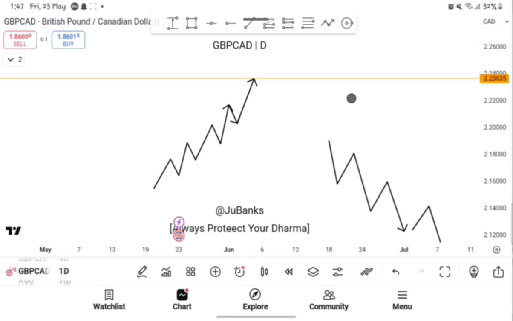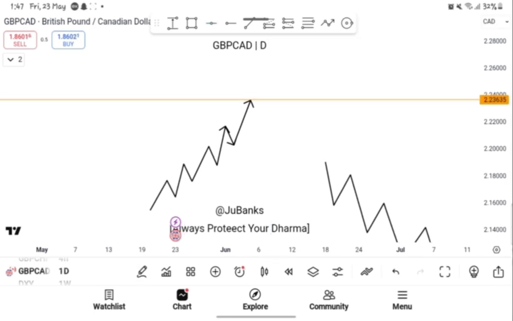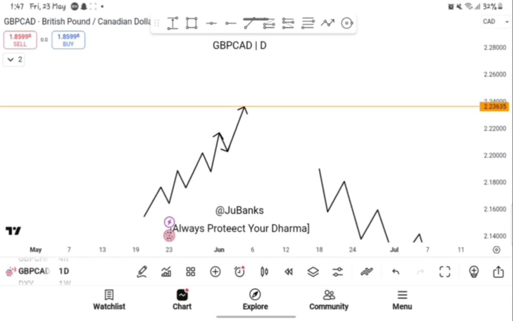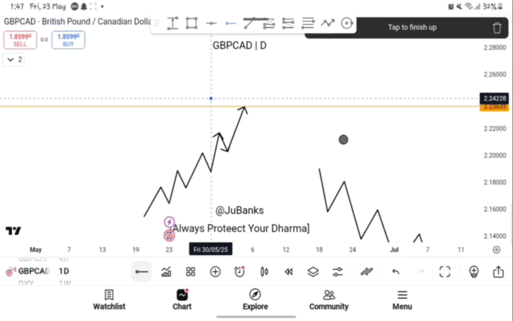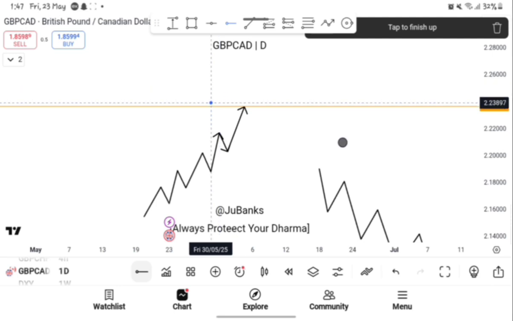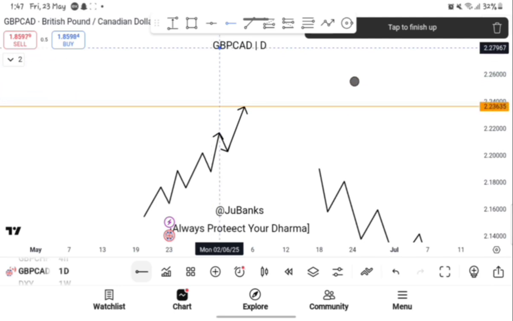Stop orders are supposed to be above current prices for bullish and below current prices for bearish markets. So you want to put a stop order here. What it means is that you want to put the order anywhere above current price, right? So it could be here, here, here, here, or higher.